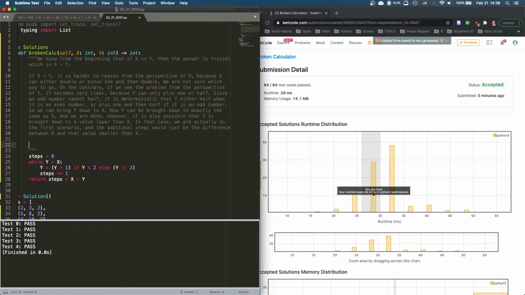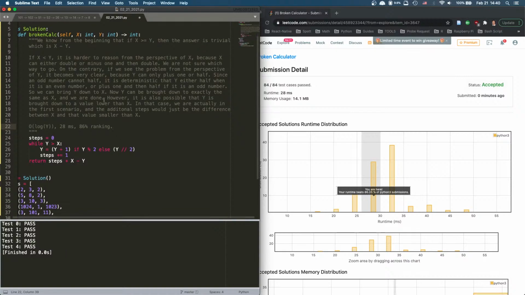So I think the runtime, because we're dividing, is log y, and we are having 28 milliseconds with 86% ranking. Okay, so that's our solution.